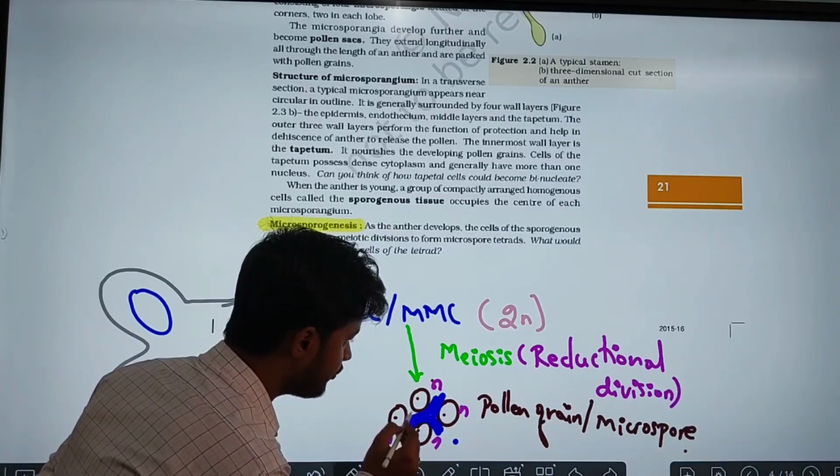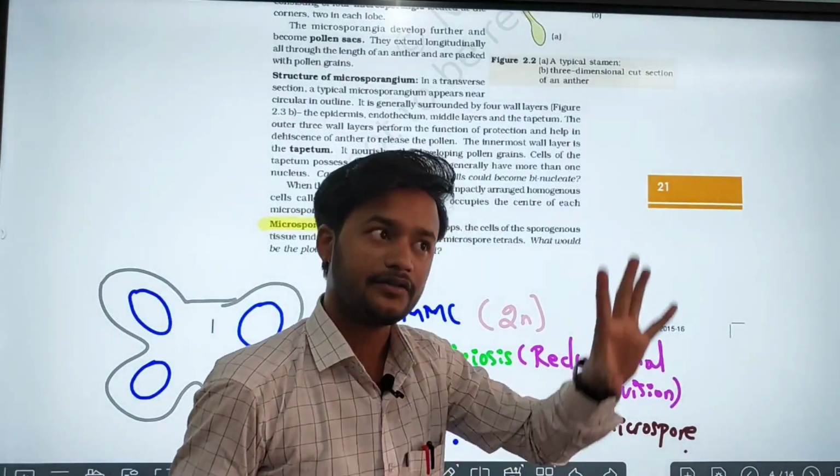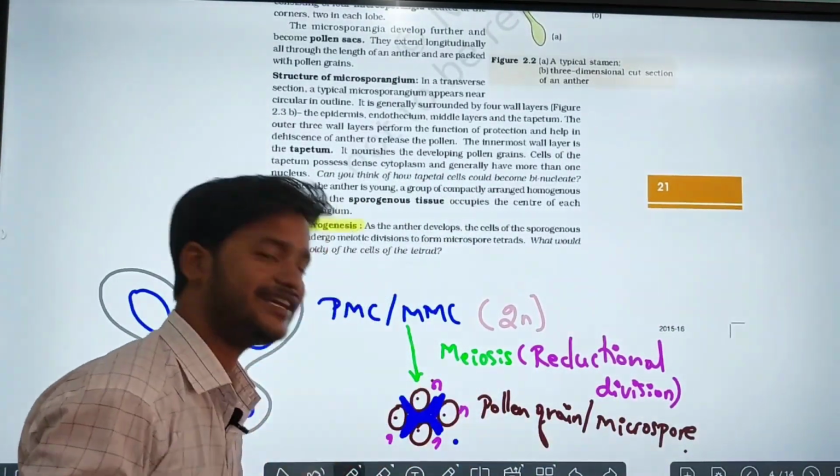They are held together, that means all 4 pollen grains are attached together to form a pollen tetrad.